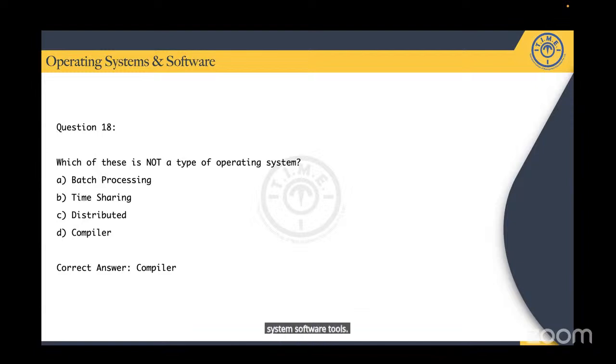Batch OS, time sharing OS, distributed OS, all are types of operating system. A compiler, however, is a translator program, not an OS. So compiler is the correct answer.